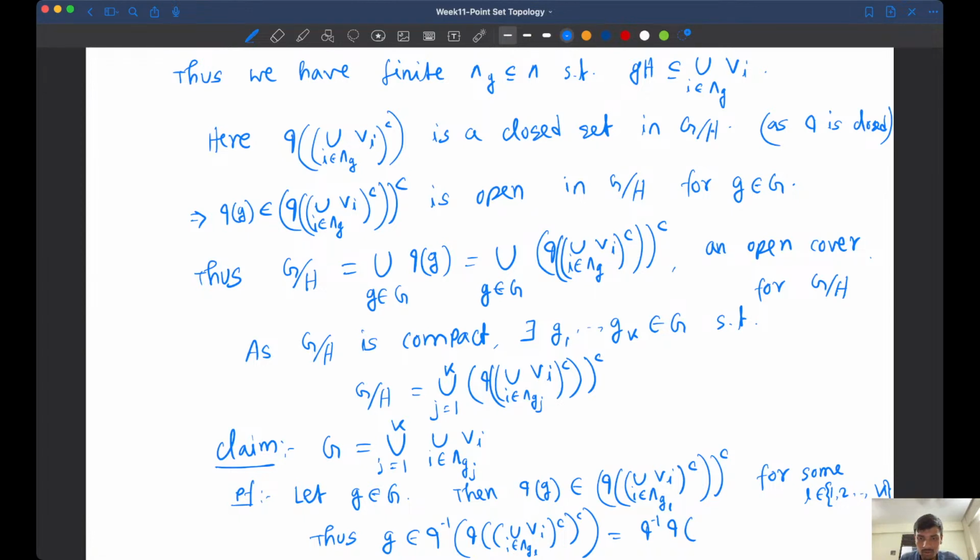So union over I belongs to lambda GL Vi, this complement, whole of this thing. Like in general, Q inverse of a complement is Q inverse A whole complement whenever you have a surjective map Q. So in this case Q is surjective, so hence I can take the inverse outside of this thing. Okay, so I'm just using that to get there.